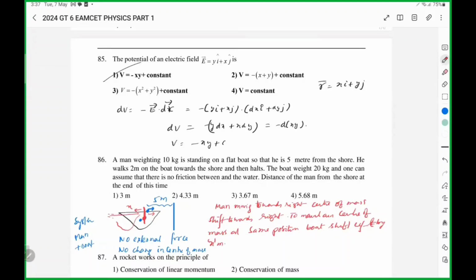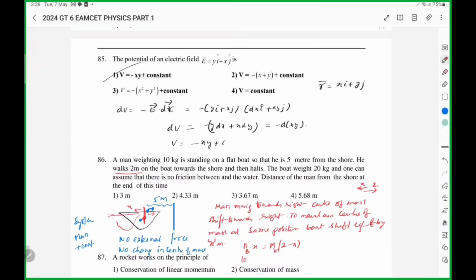So now he walks 2 meters. Here the mass of the boat into x meters displacement from the center of mass, and the mass of the man, in fact, moves towards the right 2 meters while the boat moves towards the left x meters. The net distance moved by the man is 2 minus x.